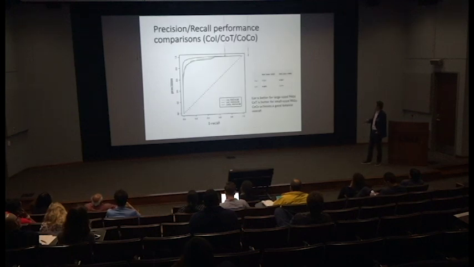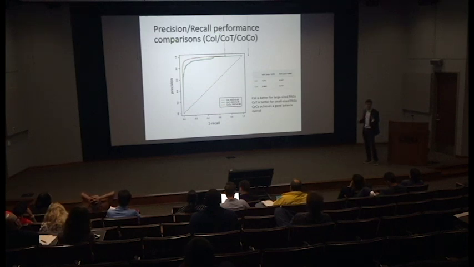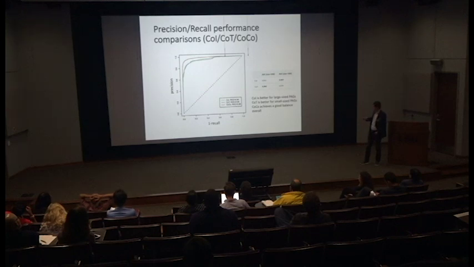It's primarily when we look at the precision recall performance of retrieving true paths, giving a varying degree of threshold based on the cutoff threshold, and try to see whether the true paths were retrieved. We found that CoI and CoT have different performance at different sizes.